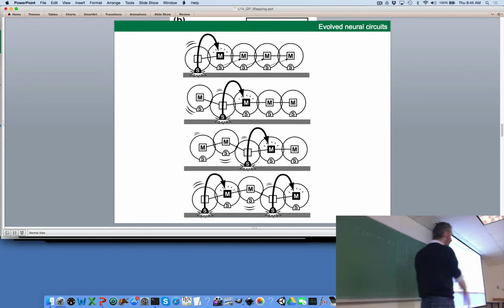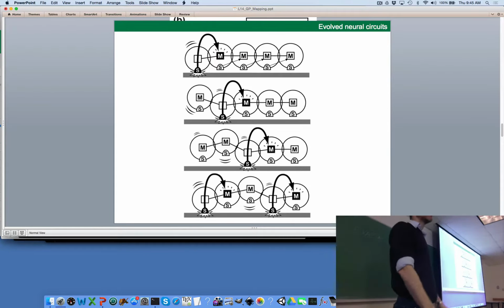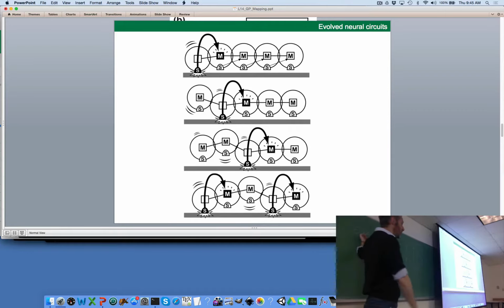Okay, remember our discussion about embodied cognition, right? Evolution is exploiting the fact that when the robot moves, there is some sensory repercussion. And if you have just the right body and just the right simple neural network, you get a useful behavior here, right? Peristalsis. There's no timer here.